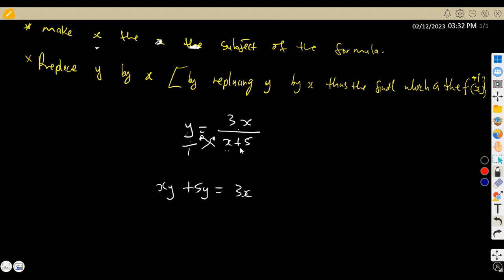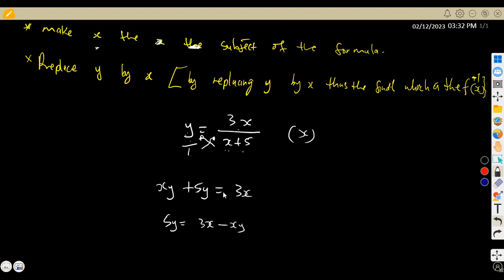Remember, we want to make x the subject. So we are going to collect the terms with x to one side of the equation, and y to the other side. By doing so, just avoid working with negative values, guys. So I can leave the 5y to this side, that's 5y is equal to 3x. Transpose xy to this side, it is going to be minus xy.